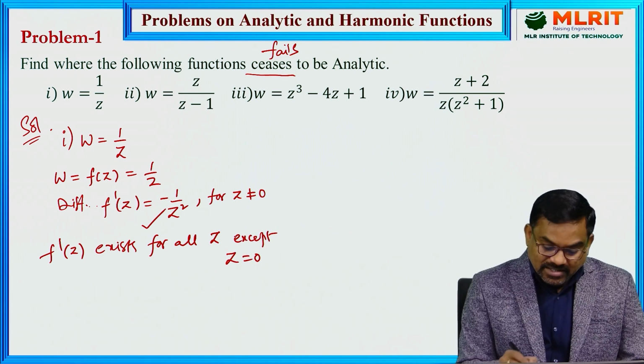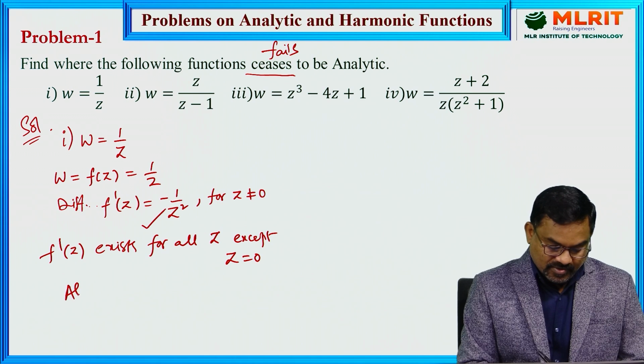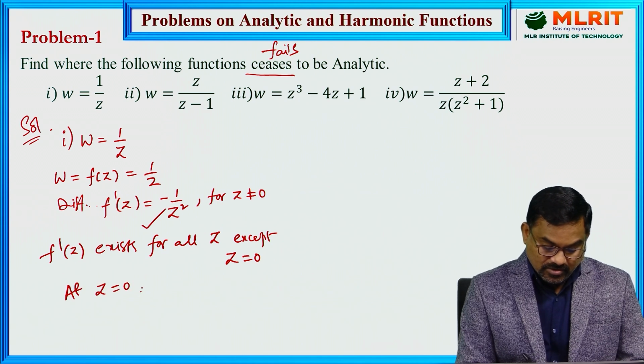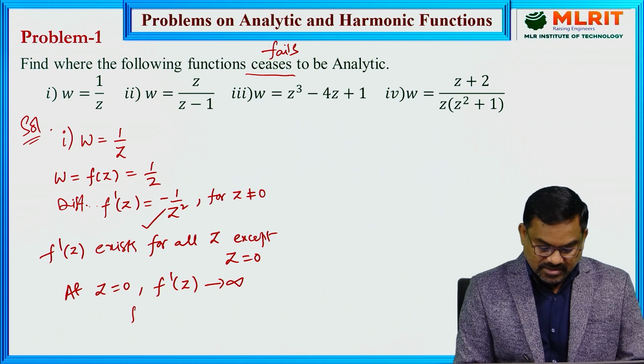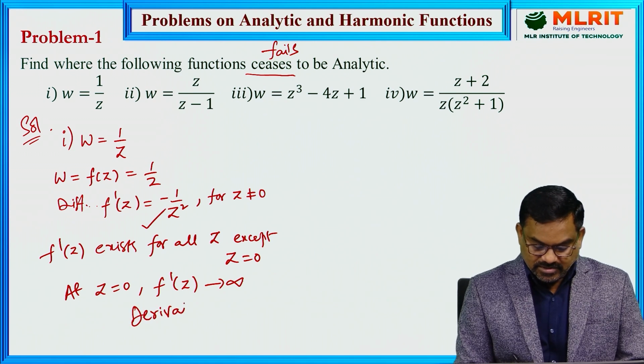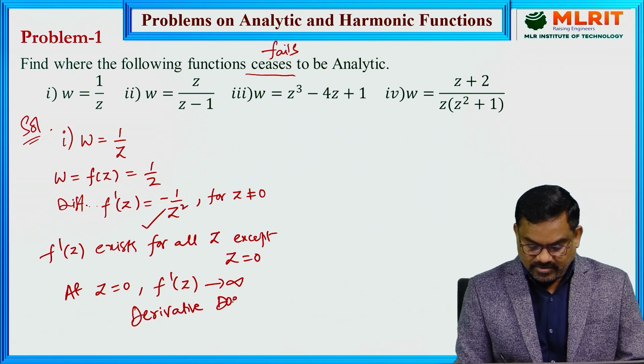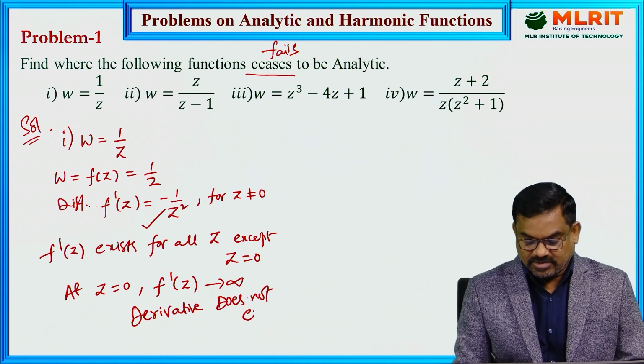So at z equal to 0, f dash z tends to infinity. That means the derivative does not exist.